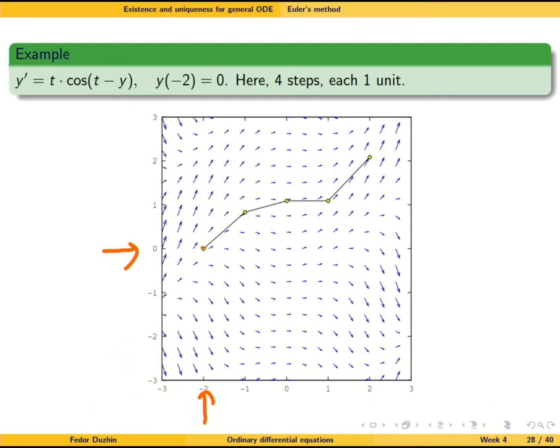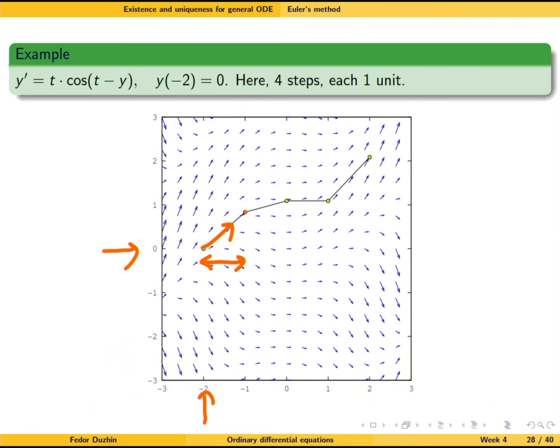So if initially it is at this point, then it means that the solution curve is going to move in this direction. So let's do the following thing. Let's just move in this direction by 1 unit in t. So we are going to take 1 unit in t, and then we're going to move in this direction, and then we get the next point.